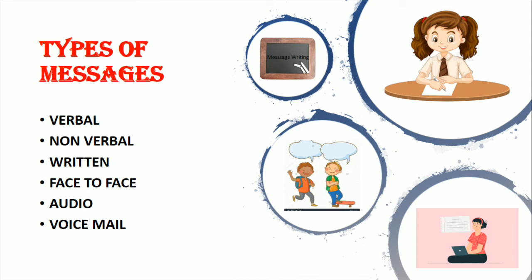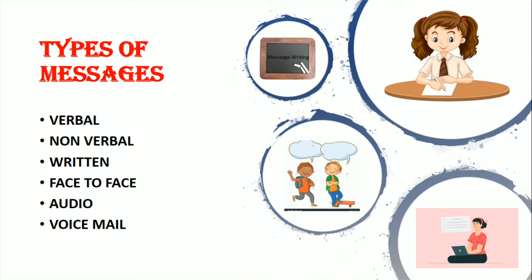Next is face to face. It is the mutual influence of individuals' direct physical presence with his or her body language. And next type of message is audio message. It contains audio of a person's voice.